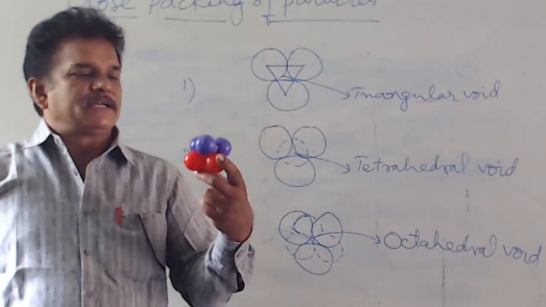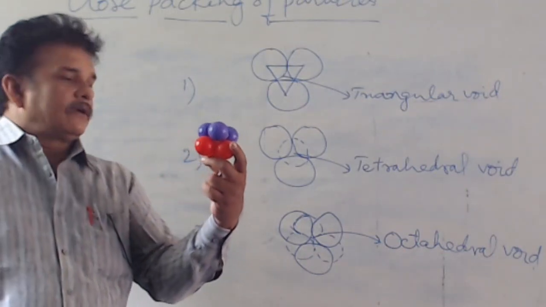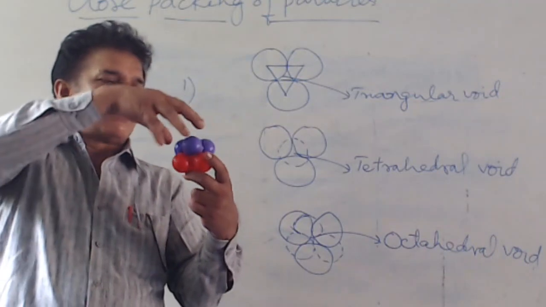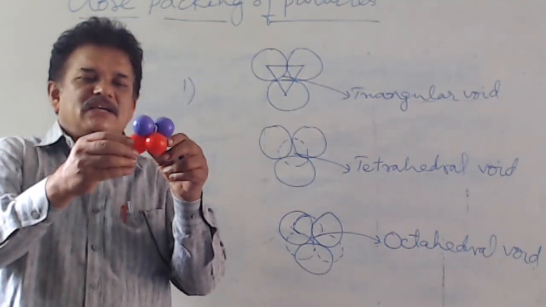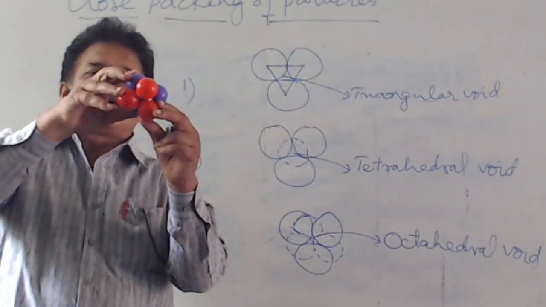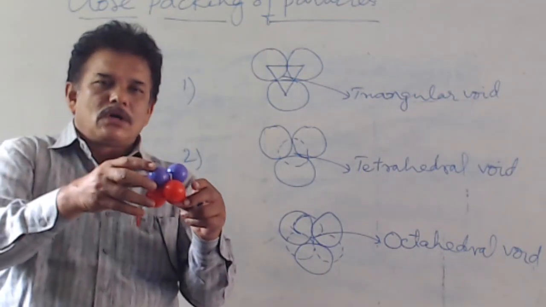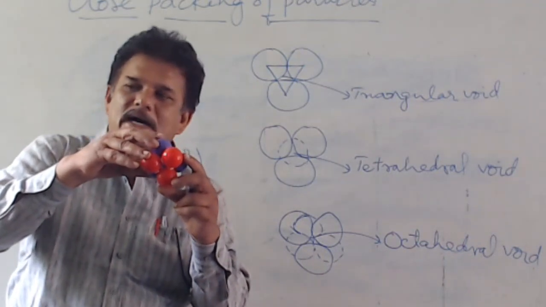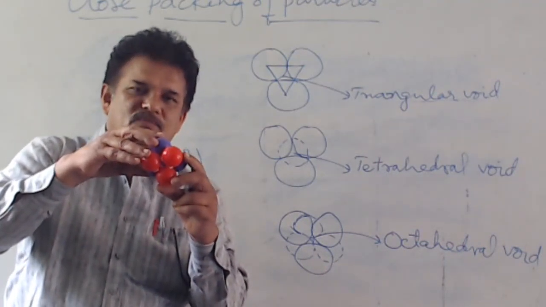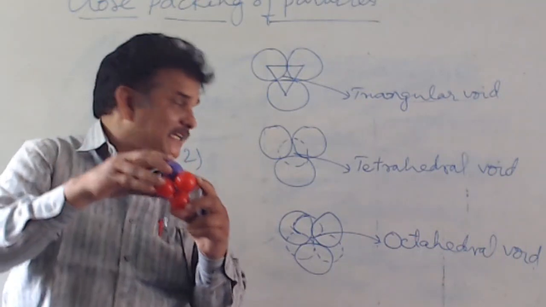So now the void formed with these 6 spheres is called, sorry, octahedral void. Octahedral void is formed by 6 spheres.